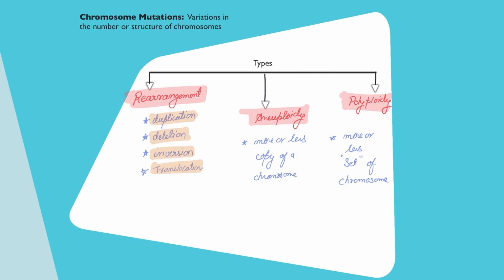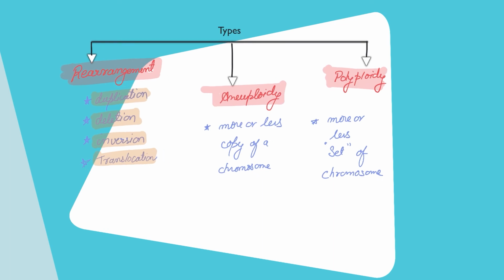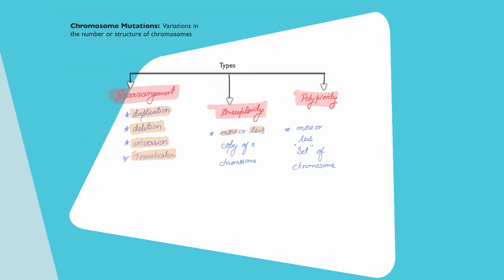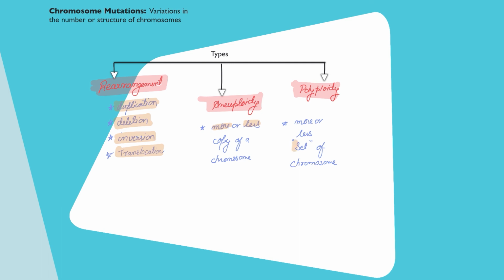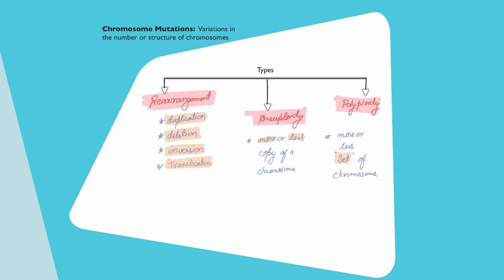In the aneuploidy that we talked about, we might have more or less copies of one or more chromosomes, whereas when we talk about polyploidy, we talk about more or less sets of chromosomes. I hope this makes sense.